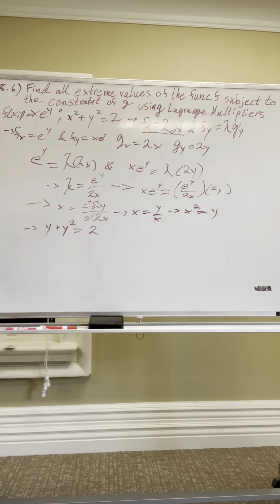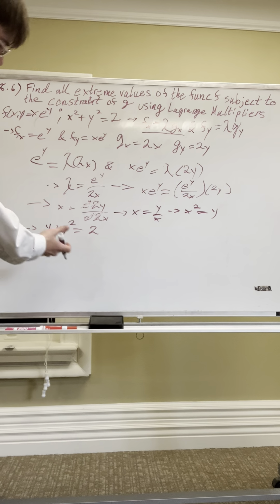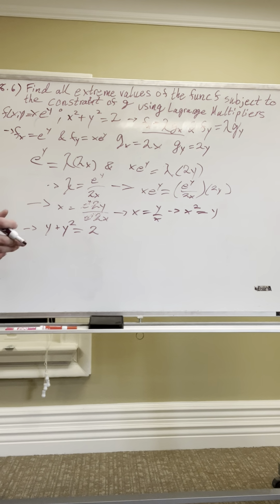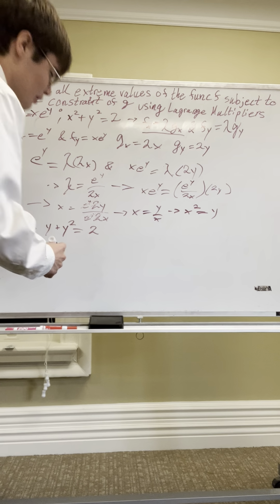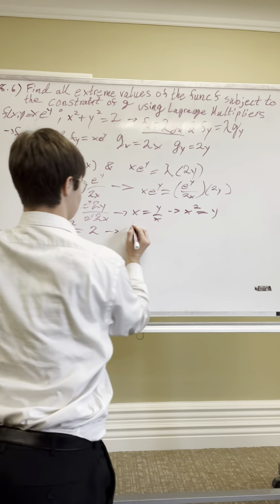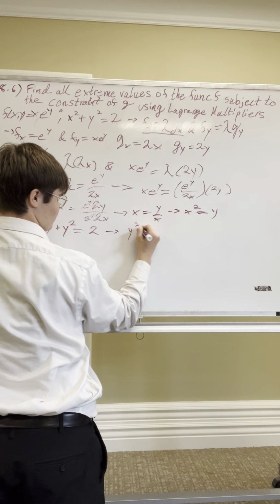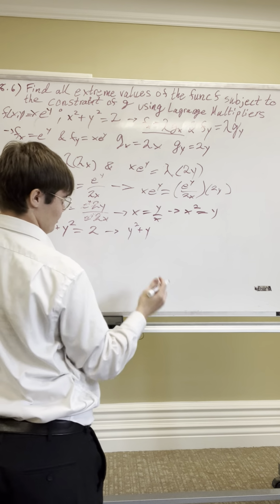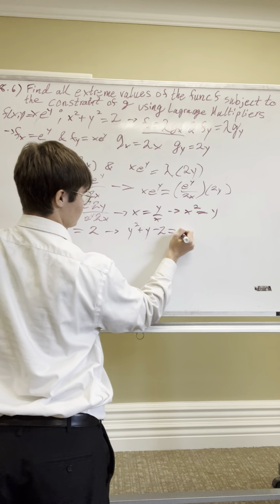Right here, it looks pretty confusing. You're probably thinking, what do I do? What you do from here is you subtract the 2 over, and you'll get y squared plus y minus 2 equals 0.